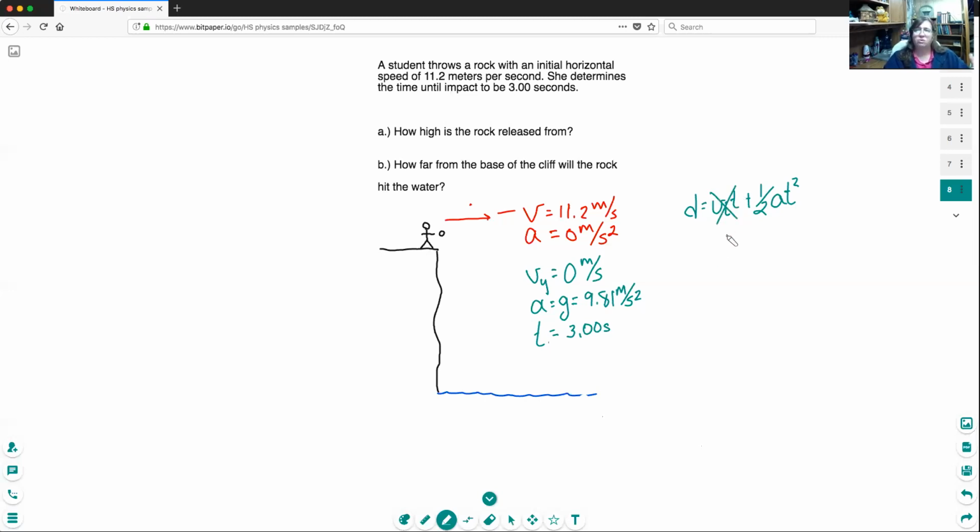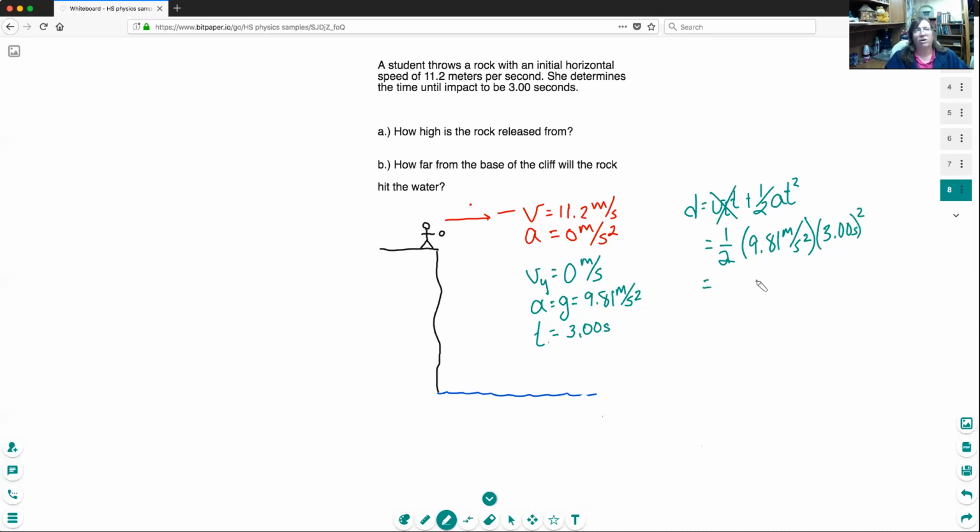So what that means now is this is going to be written as 1/2 times acceleration, 9.81 meters per second squared, and the time of 3 seconds, squared.